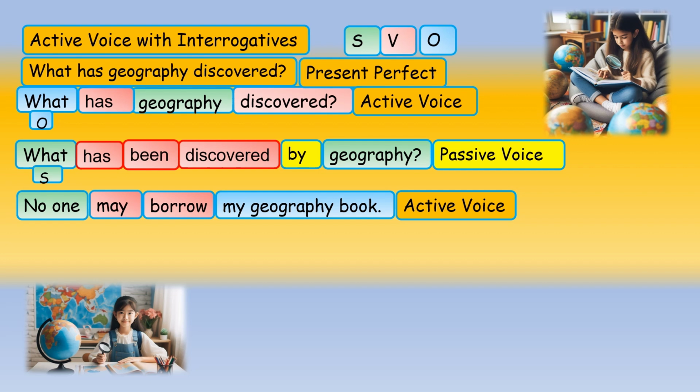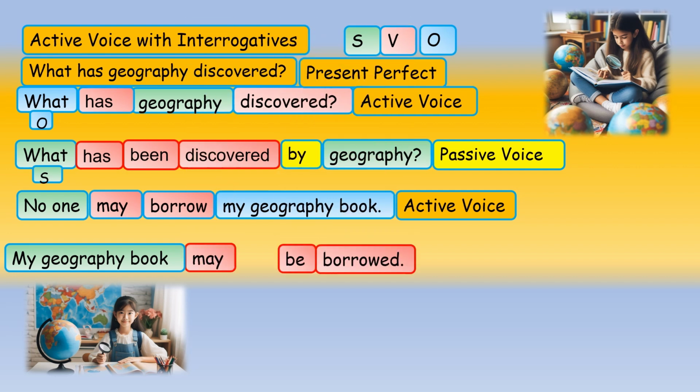Now let's see how this works for the passive voice. We start with the object of the active, my geography book. May be borrowed, may not be borrowed. And that's enough to say; we don't have to worry about adding the subject of the active sentence. It would not add much more.